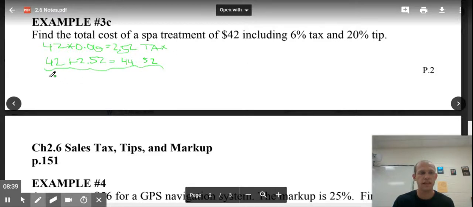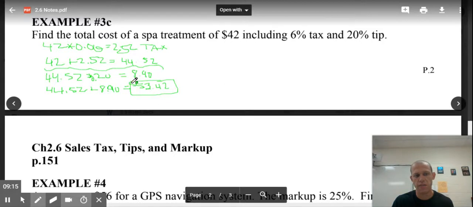Then I will do the second stage, which is my tip. I will look at my new amount and then take 20% of that for my tip, which is 0.20, which will give me $8.90. And then I will add that to my new original, which is the 44.52. Sorry for my sloppy handwriting. Which will give me 53.42, and that is in dollars.